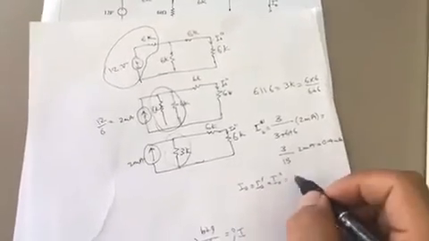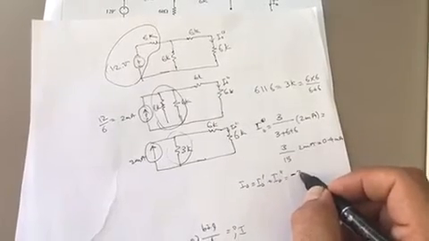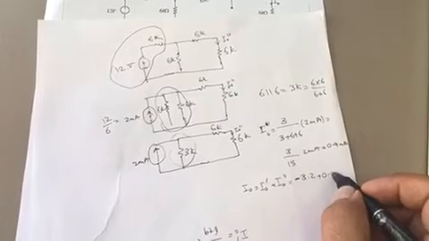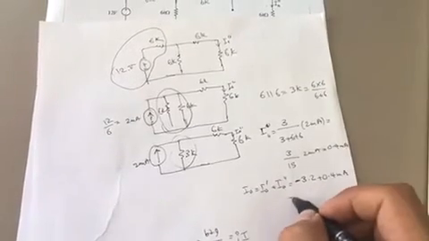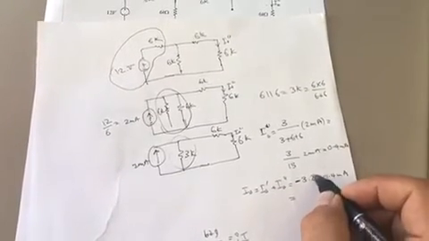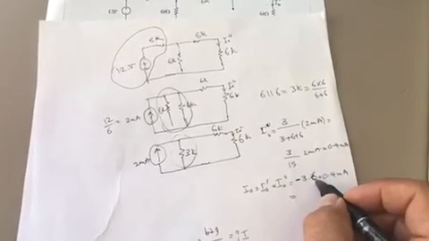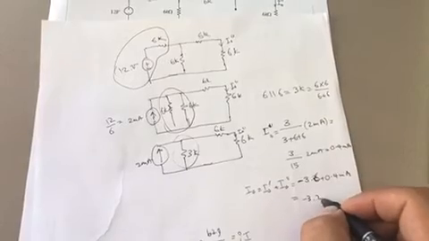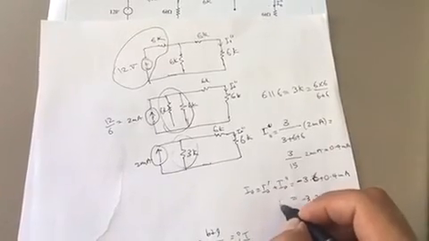This is minus 3.2, that's what we had from before, plus 0.4 milliampere. Oh, this is 3.6, sorry. And then I'm going to have minus 3.2 milliampere as my I0.